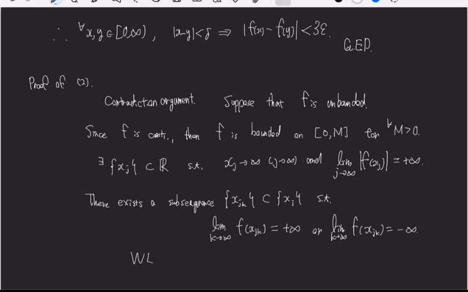Without loss of generality, we can assume that the subsequence satisfies that the limit of x_{j_k} is plus infinity as k goes to infinity.